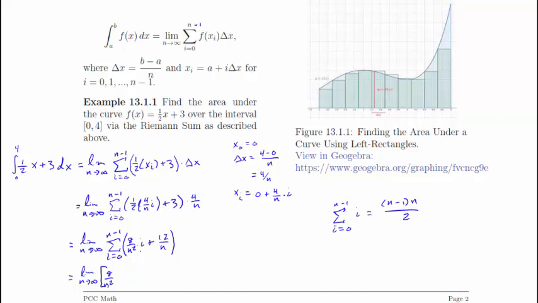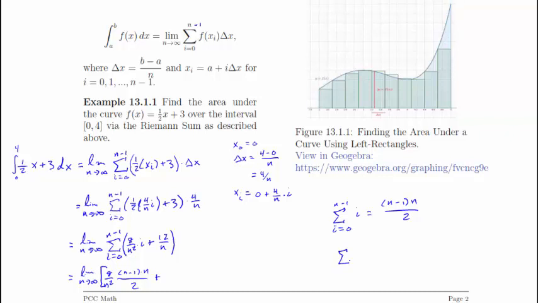So when I take the sum of i over and over again, this is a constant, so it can be thought of as factoring it out of the sum, and we're just adding the numbers 0 plus 1 plus 2 plus 3 plus 4 plus 5, adding all of those up and then multiplying by 8 over n squared. When we add all of those up, this is what we get, n minus 1 times n over 2. Plus, now the sum of 12 over n.